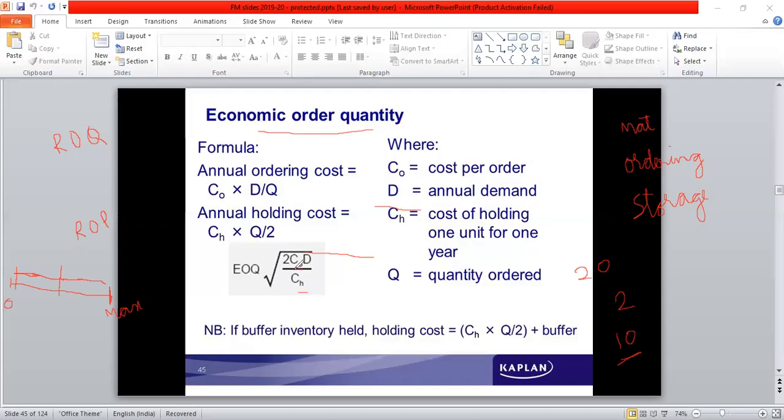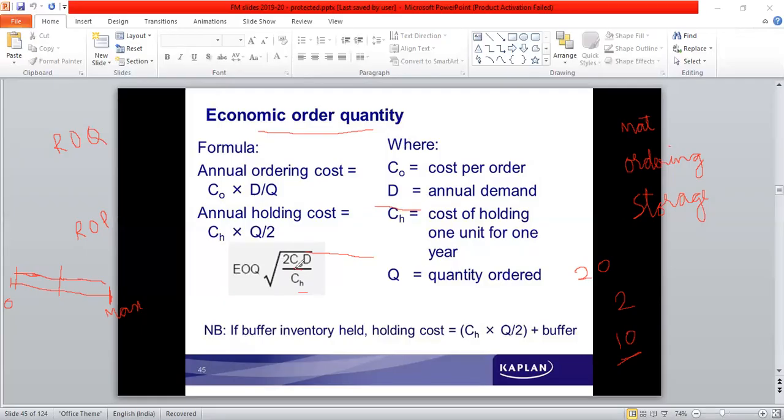There are various variables used in different textbooks like 2CO by I, 2CO by H. Whatever the variable, the numerator has the annual demand or annual consumption of material into the cost per order, divided by the denominator, which has the cost of holding the inventory per unit per year.